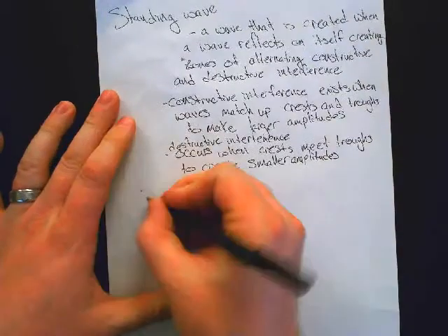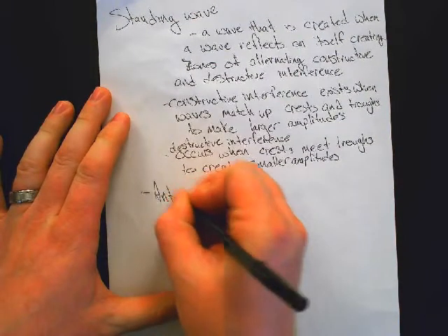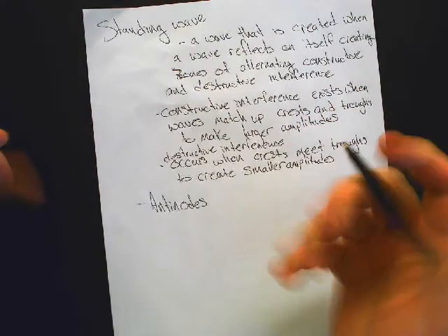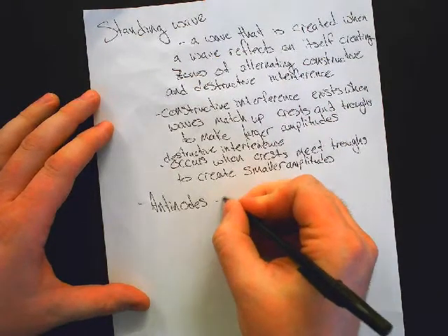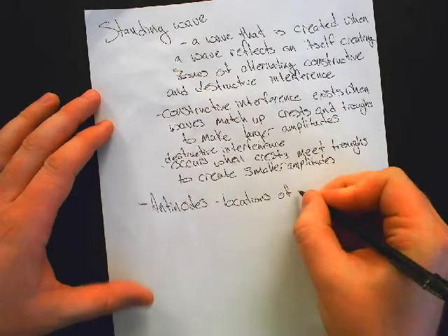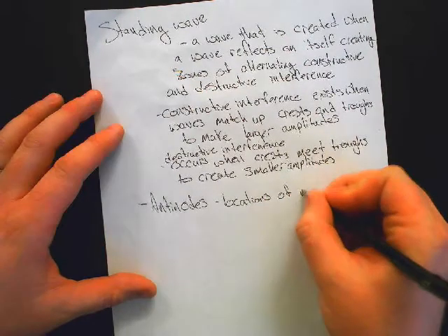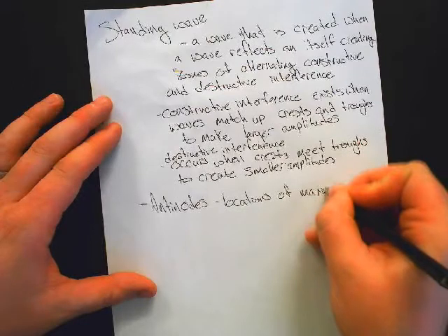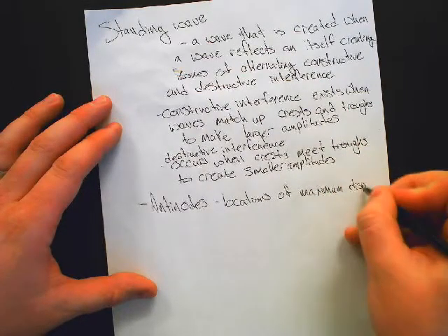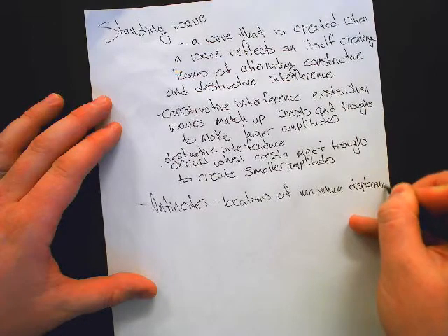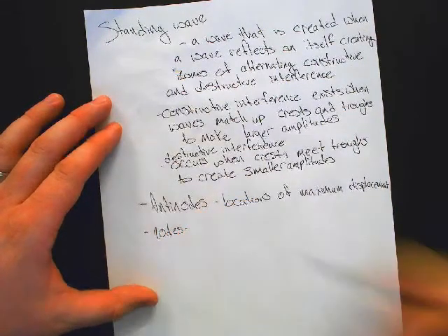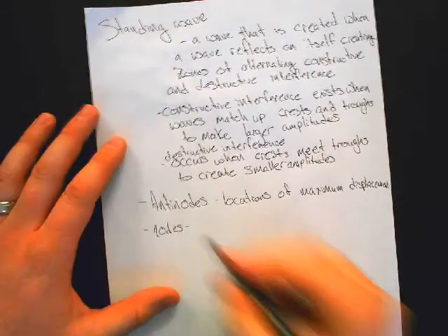Definitions there. So antinodes are locations of maximum displacement. And nodes are locations of completely destructive interference.